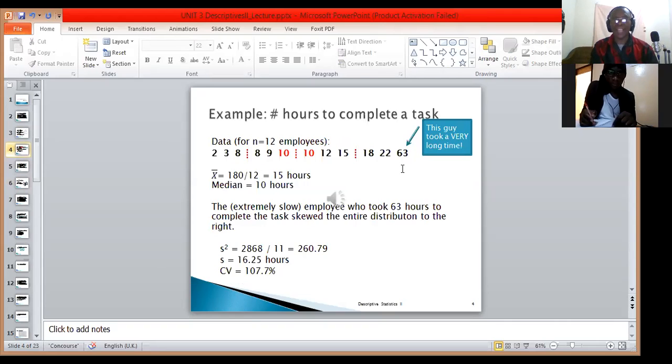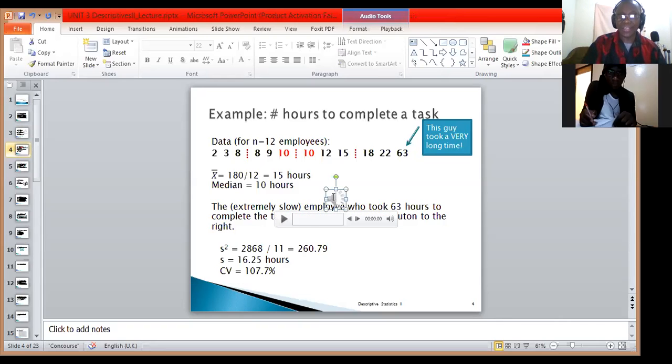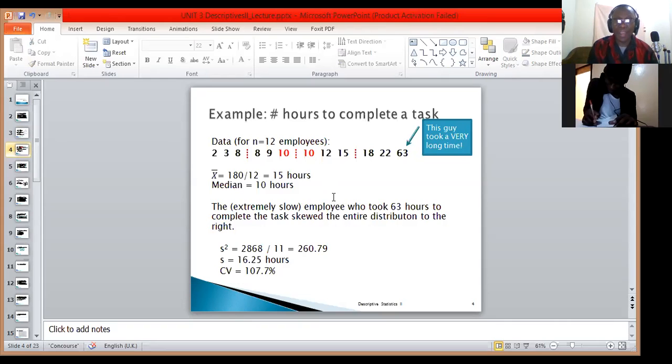Then we add that. That is our summation of x minus x bar squared. Then our denominator is n minus 1. Since this is a sample, our n is 12, minus 1 gives us 11.